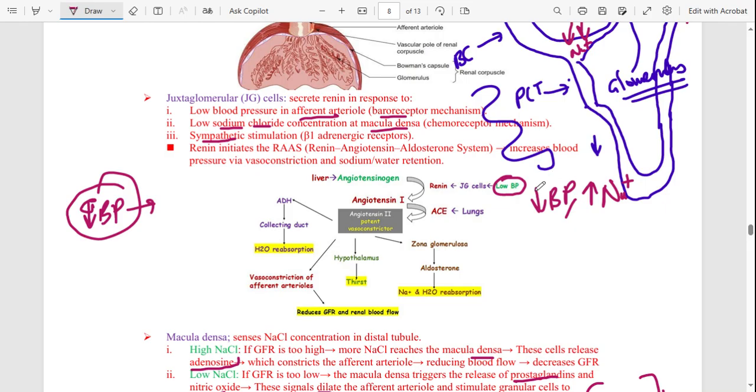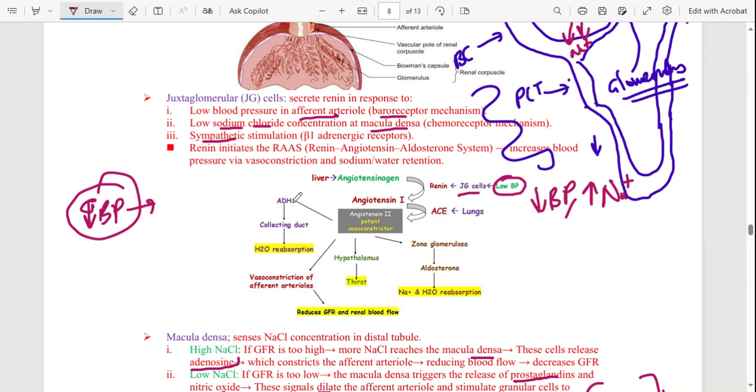So either low levels of blood volume or high concentration of sodium, that is a hyperosmolar, or highly concentrated blood, will stimulate the release of renin from the JG cells. Now, what renin does is this.